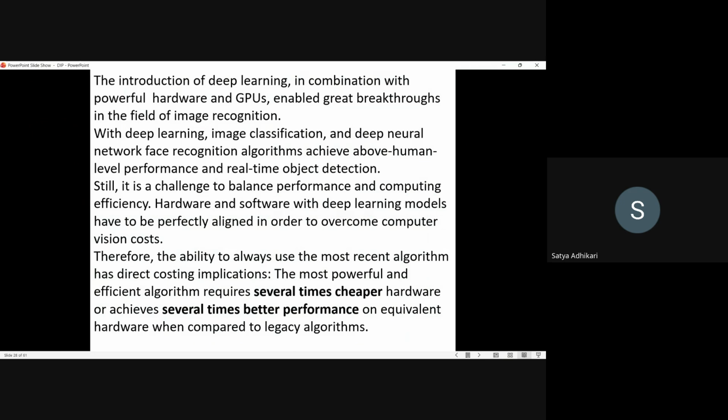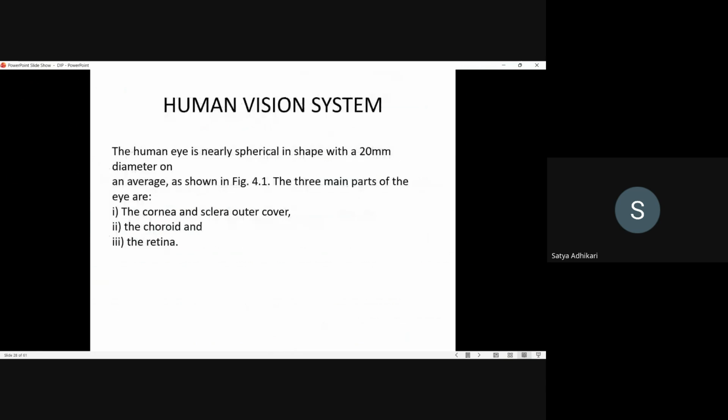The most powerful and efficient algorithm requires several times cheaper hardware and achieves several times better performance on equivalent hardware when compared to older algorithms. So algorithms are used for that purpose. This is your image detection and recognition process.